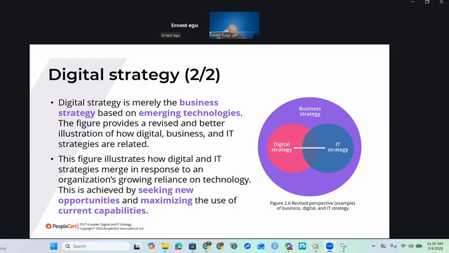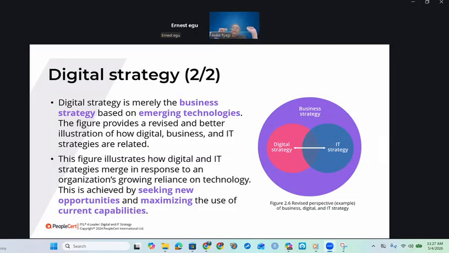Digital strategy is a component of IT strategy. That's correct, absolutely. Why?